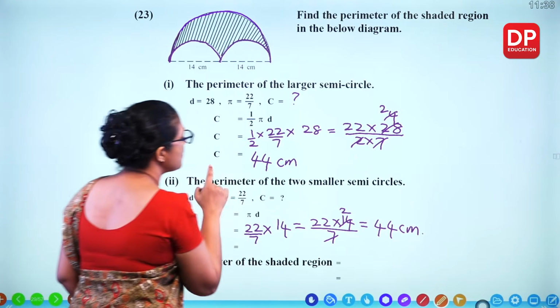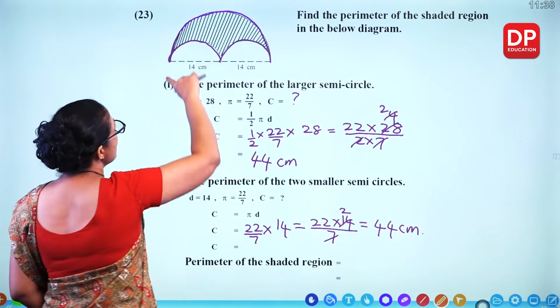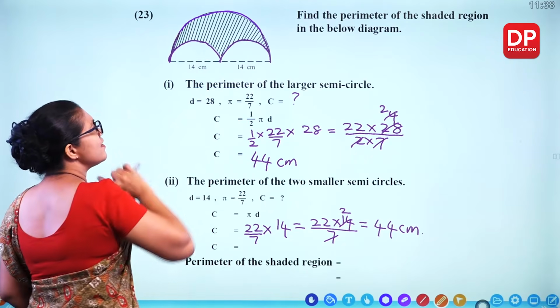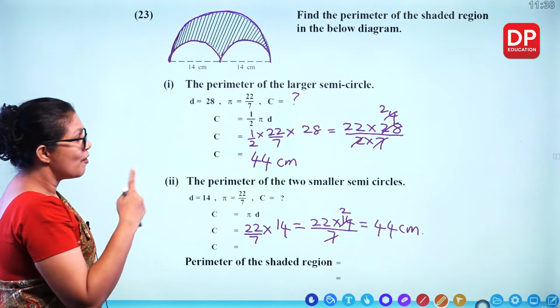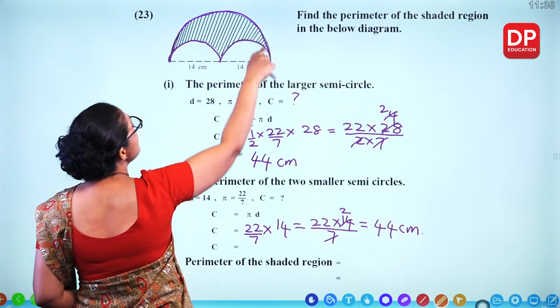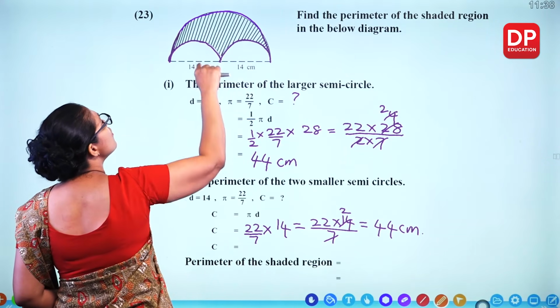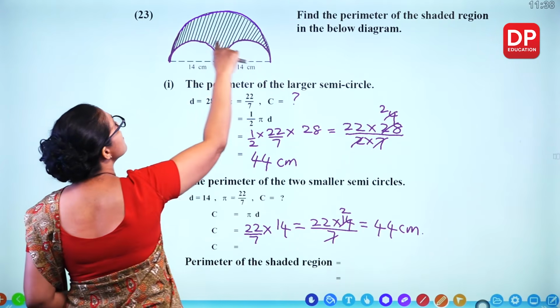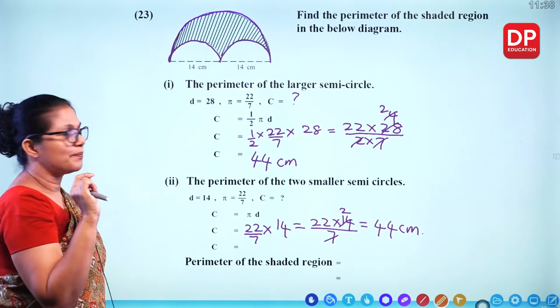Did you observe something? When you get a big one, you get the same thing when you add these two. So from the next question, you will figure out that when you divide any circular part into several smaller ones, the circumference is the same.